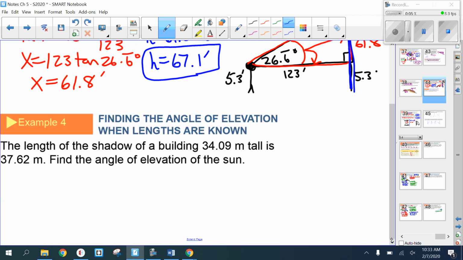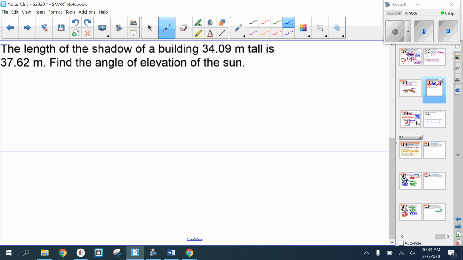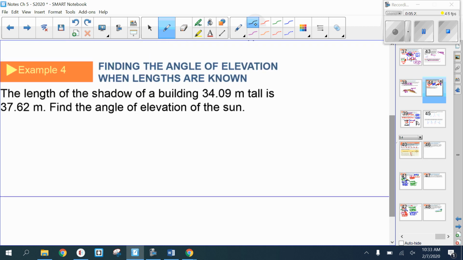Example 4. The length of the shadow of a building, 34.09 meters tall, is 37.62 meters. Find the angle of elevation of the sun. So you might start with the sun. I know you don't have a whole lot of room here, but make do.